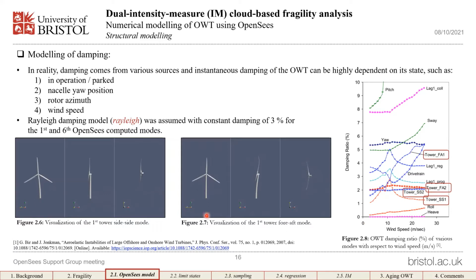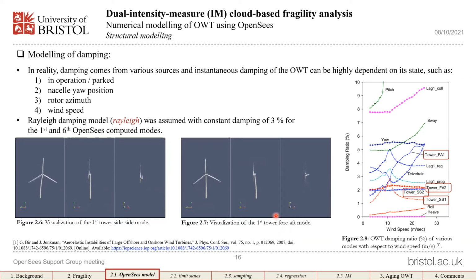We also have 2 figures here on the left-hand side showing the mode shapes of the first 2 tower modes in the 2 horizontal directions of the wind turbine. One is the side-to-side mode, and the other is what's called the fore-aft mode.